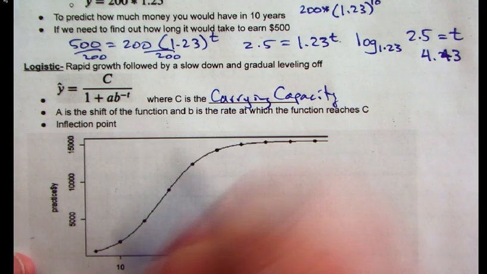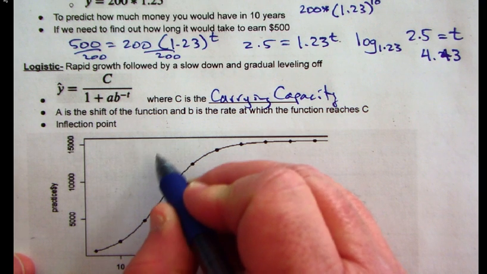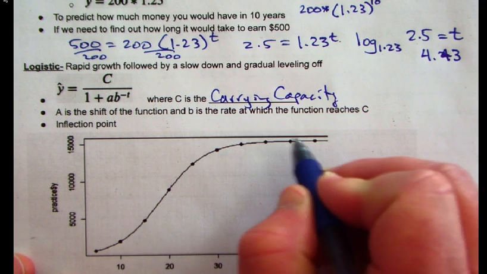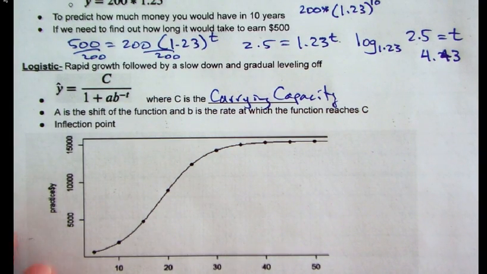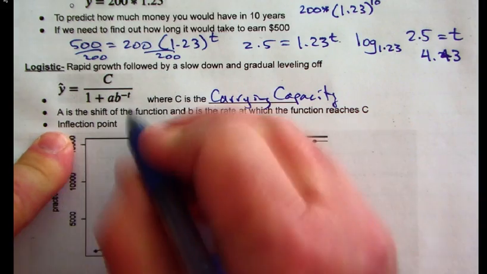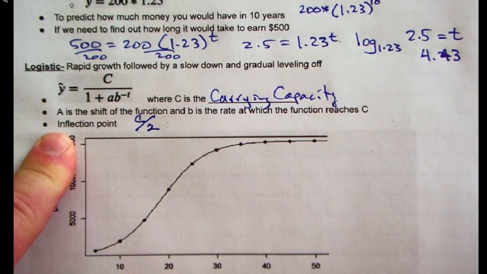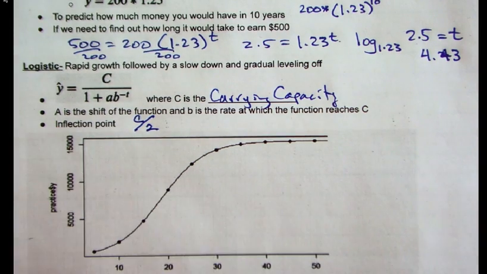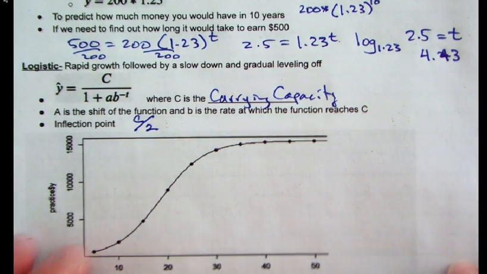So if b increased, then it just got to the carrying capacity quicker than it did in this one, right? And the point of inflection is always c divided by 2, the carrying capacity divided by 2. So if we look down at this little example here, looks like my carrying capacity is about 15,000.